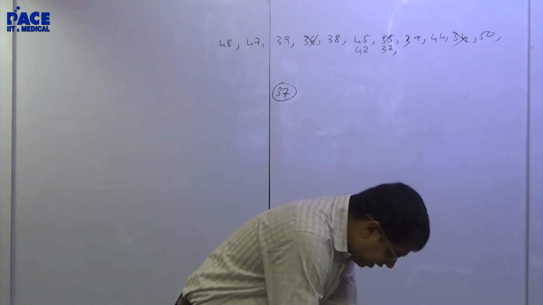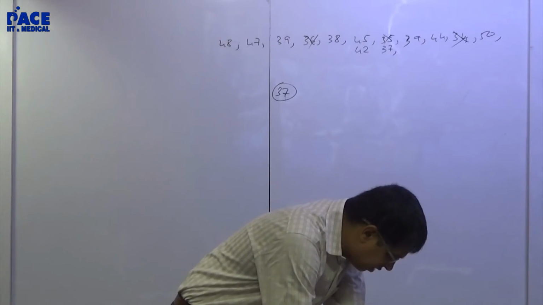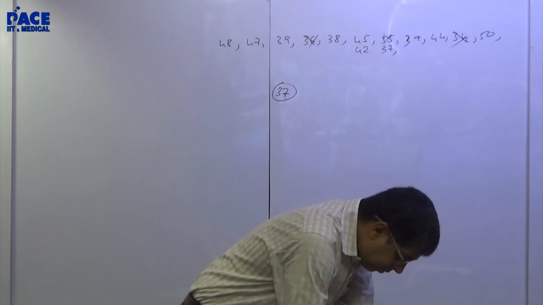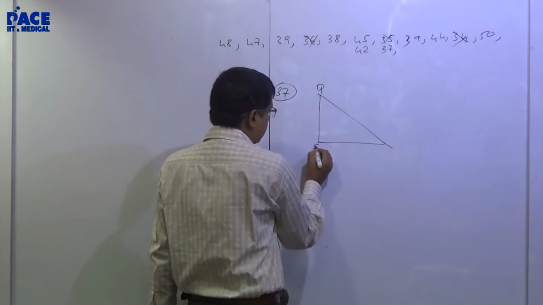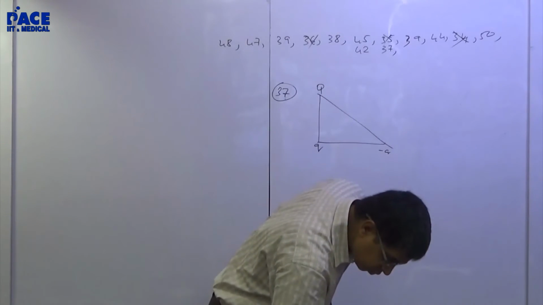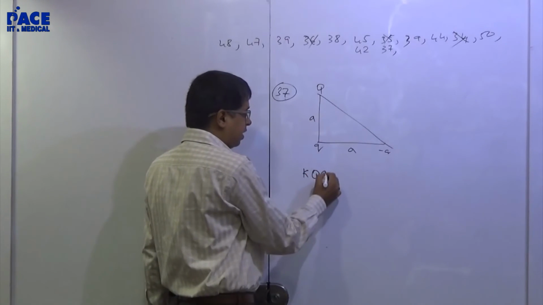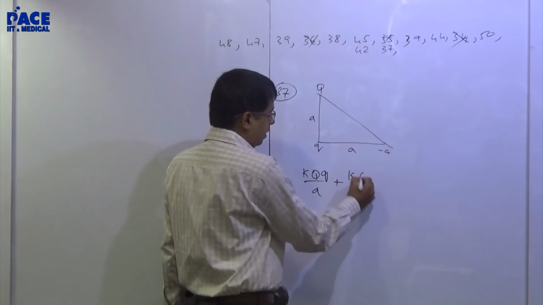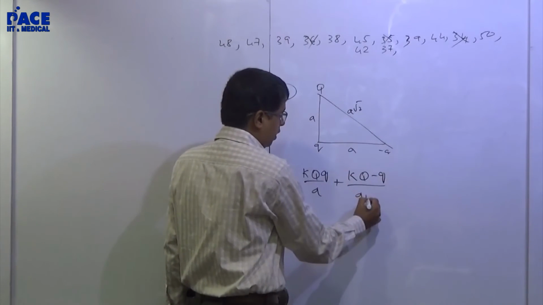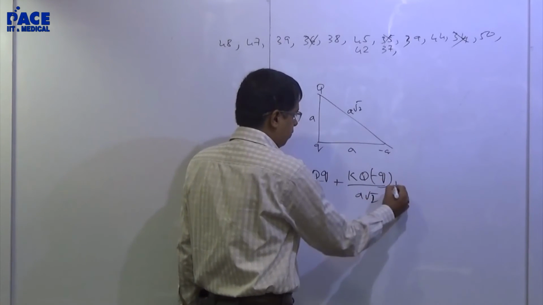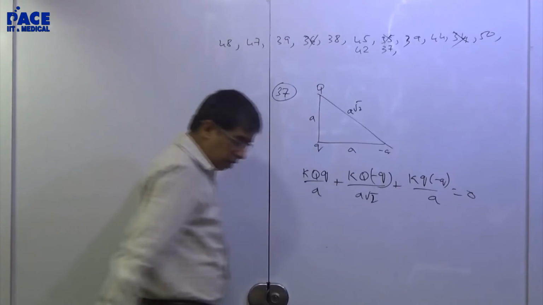Three charges, right angle triangle. Net electrostatic energy of the configuration will be 0 if capital Q is... capital Q, small q, minus q. This is A and this is A. K capital Q small q by A. K capital Q minus q by A root 2, plus K small q minus q by A. Sum total should be 0.